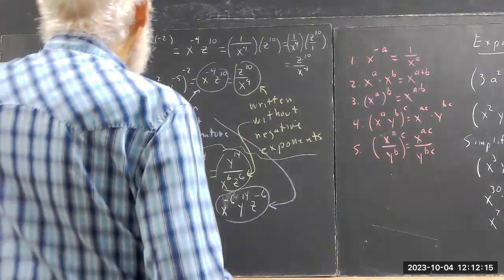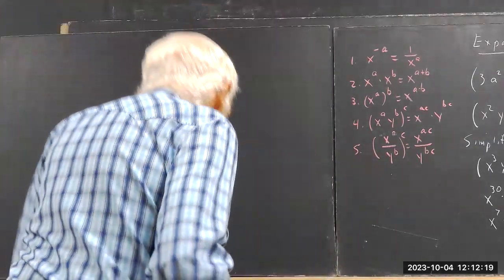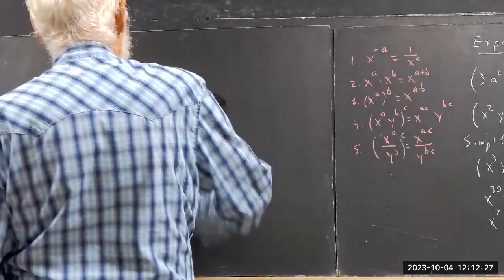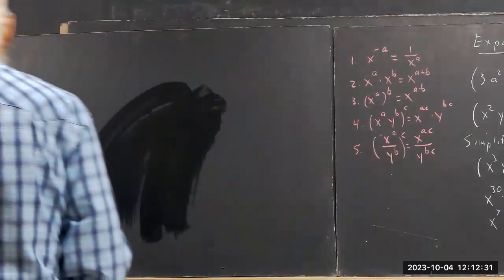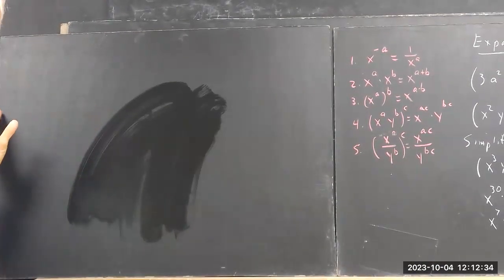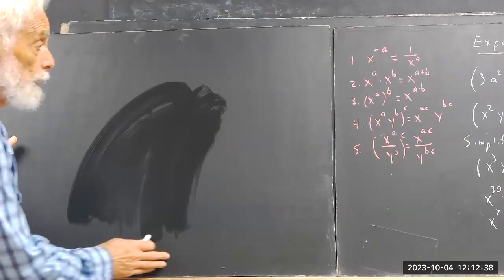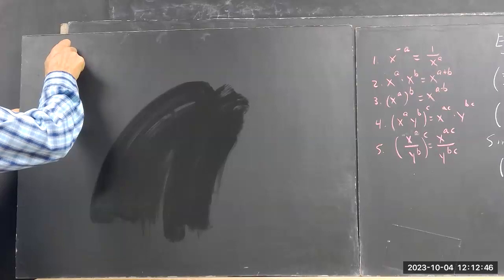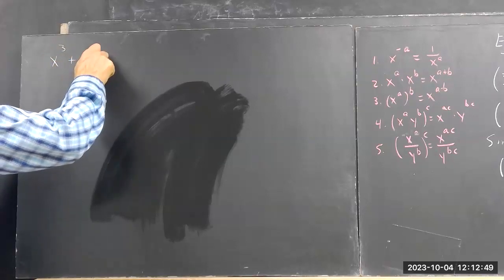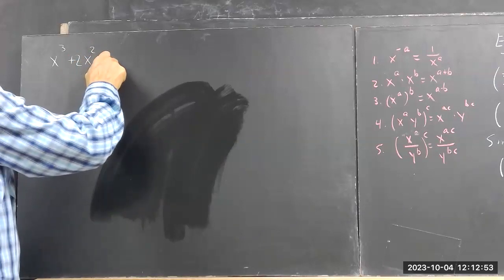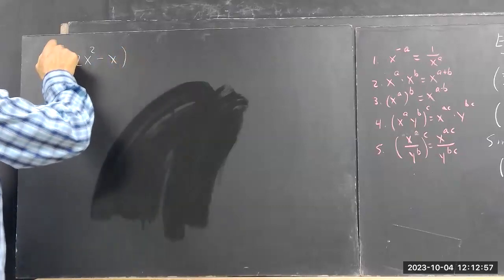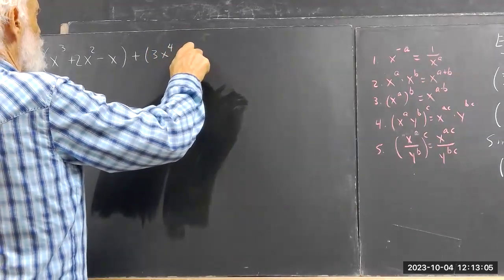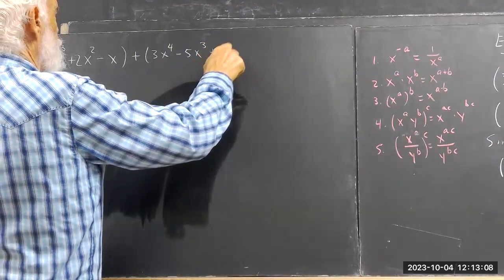So let's say we have x cubed plus 2x squared minus x added to 3x to the 4th minus 5x cubed plus 3x.